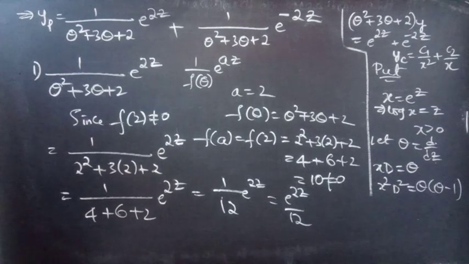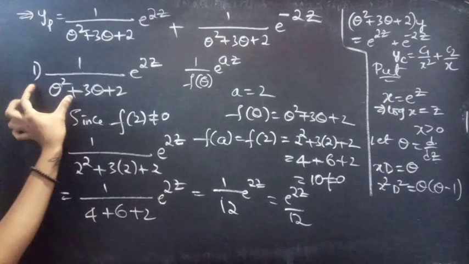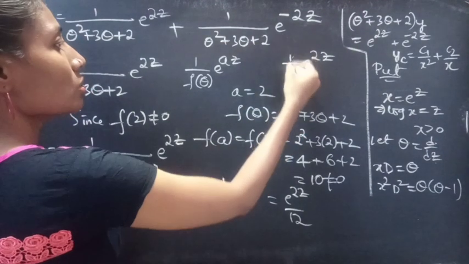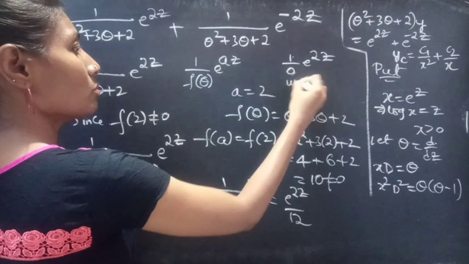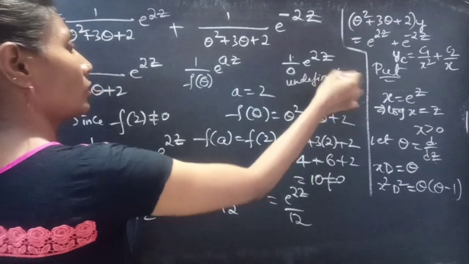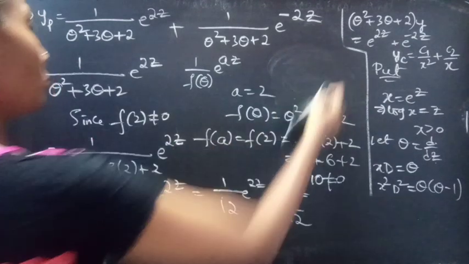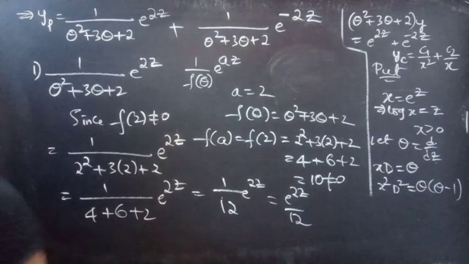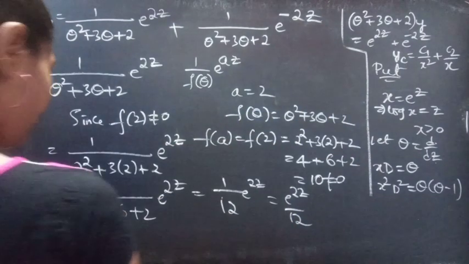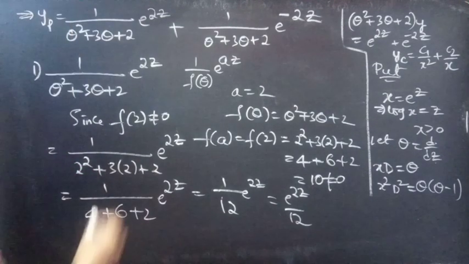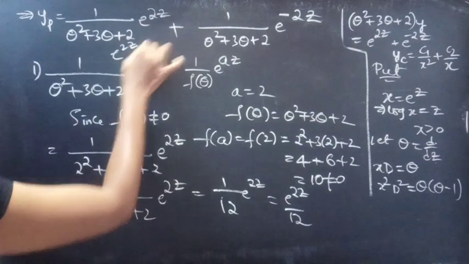If f of 2 equals 0, we cannot replace theta by 2, because then in the denominator we'll get 1 by 0 into e power 2z, right? Since 1 by 0 is undefined, the total term becomes undefined. Then we'll find f dash of theta, just using the known method. So we got the value for the first one, that is e power 2z by 12.